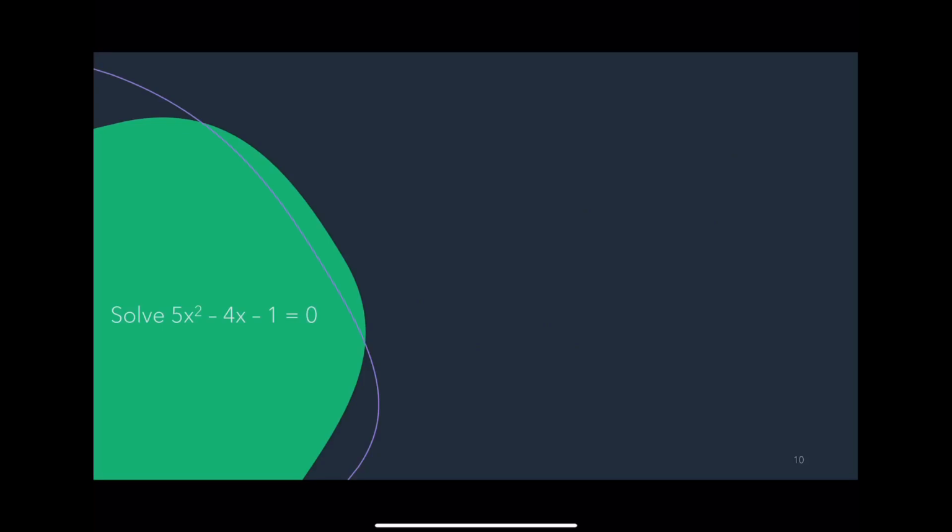Another example here, 5x squared minus 4x minus 1 equals 0. Same thing, this is a, b, c, and then we try to find the value for b. So here we got a by c, that means 5 by 1. So we could say 5x minus x, that gives us the value for b. So 5x squared minus 5x plus x minus 1 equals 0.